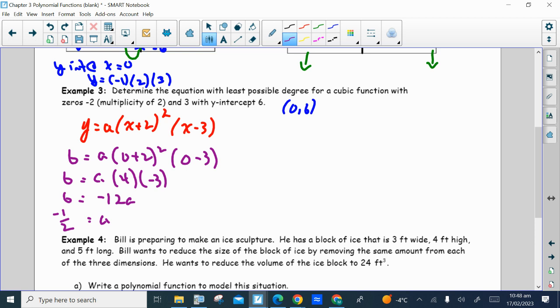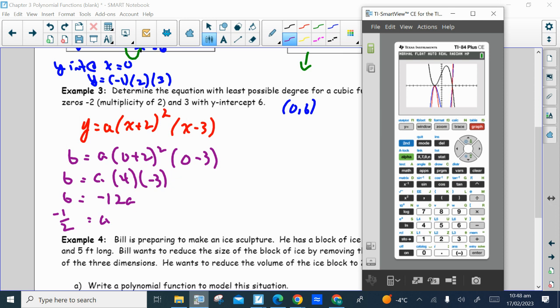Right? So just by luck, I think that's the one that we graphed. Yeah, the last graph that we did was when a equaled negative 0.5. And if I go into trace and I make sure that I'm on that third equation, the y-intercept is 6. So it checks.